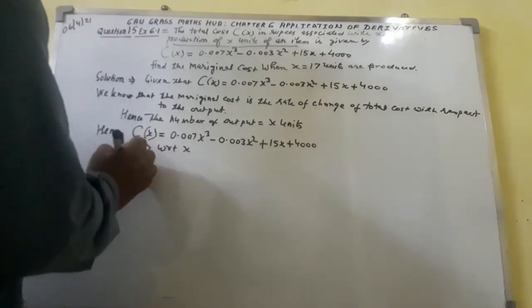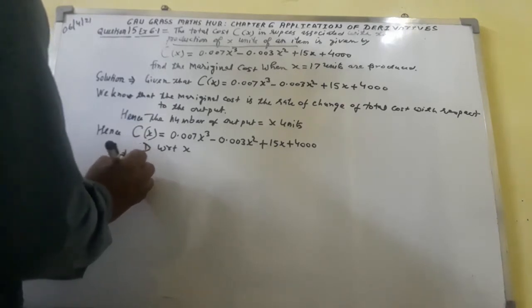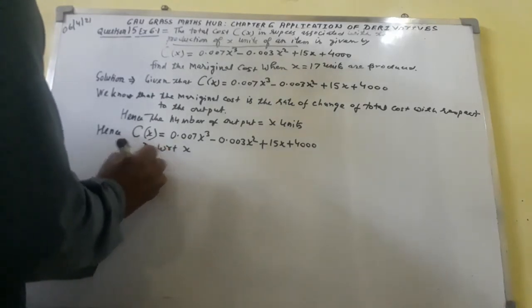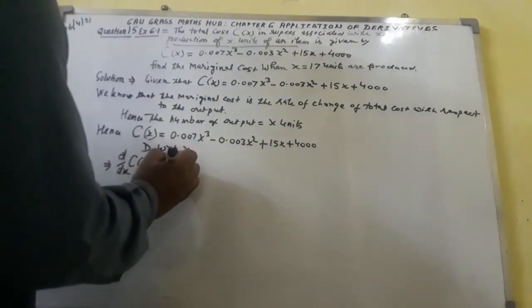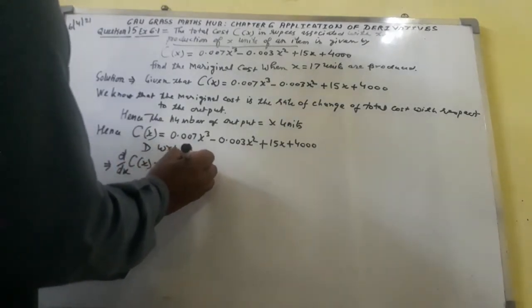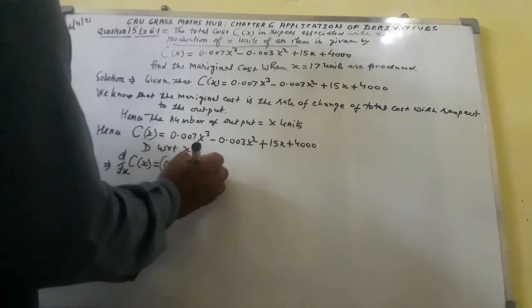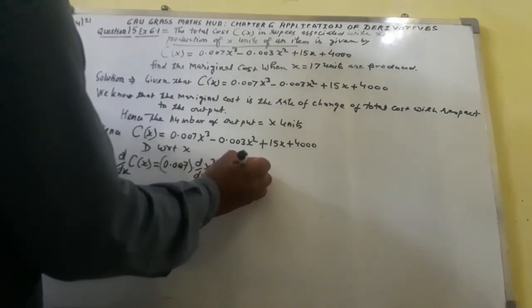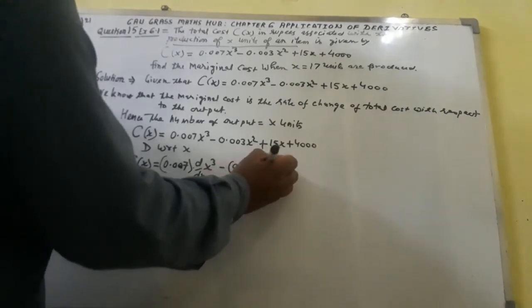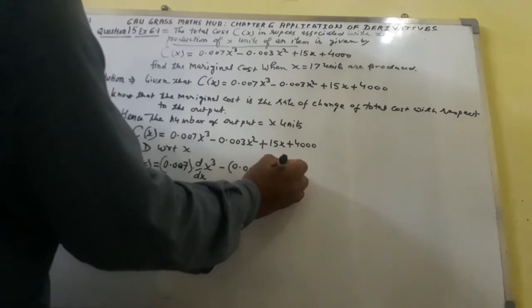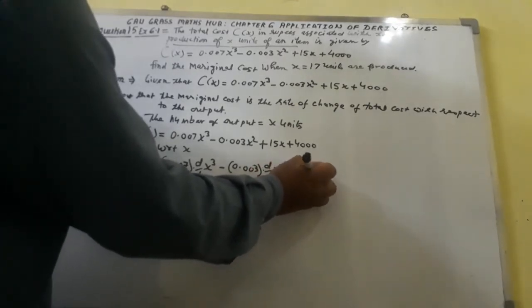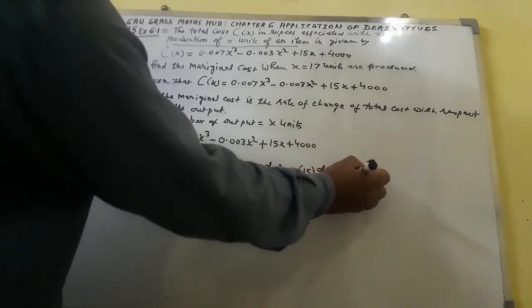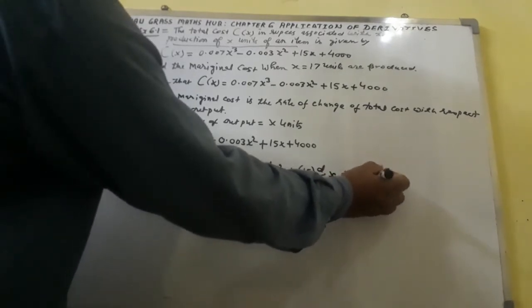So we shall get d over dx of C(x) equal to 0.007 dot d over dx of x cube minus 0.003 dot d over dx of x square plus 15 dot d over dx of x plus d over dx of 4000.